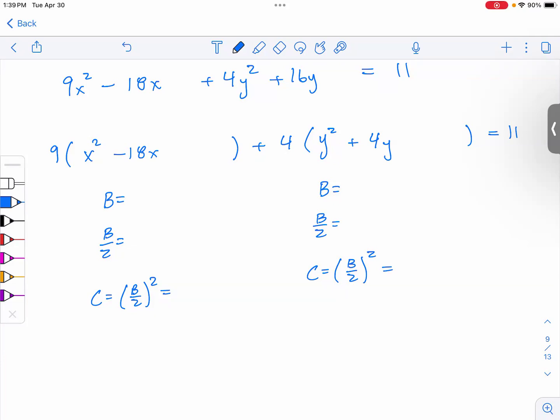And then we just complete the square individually on our two functions.